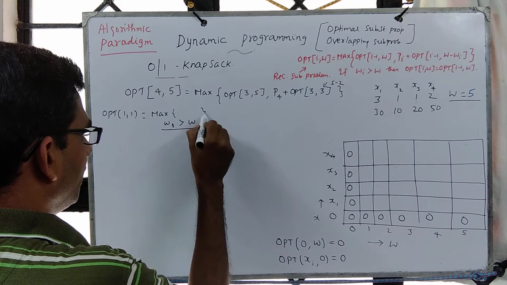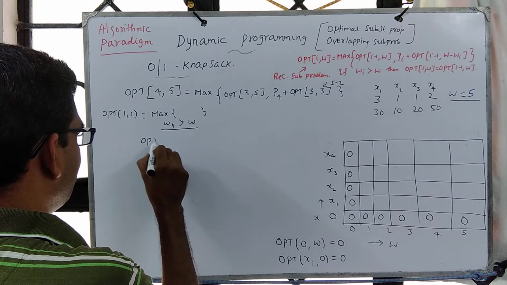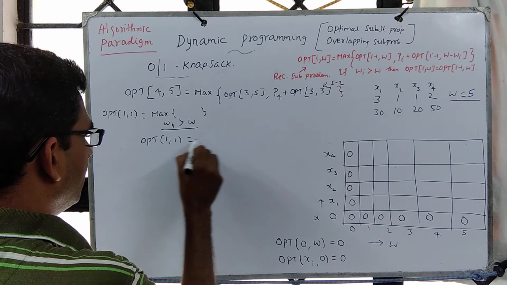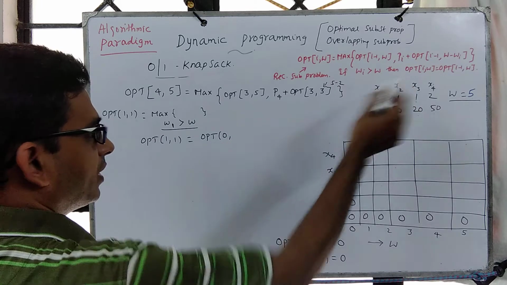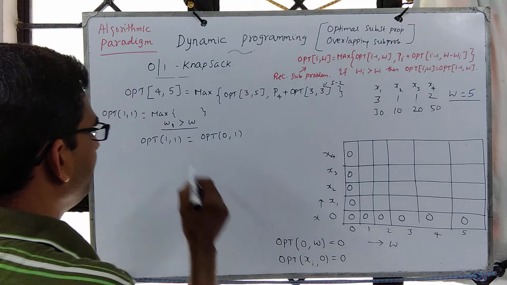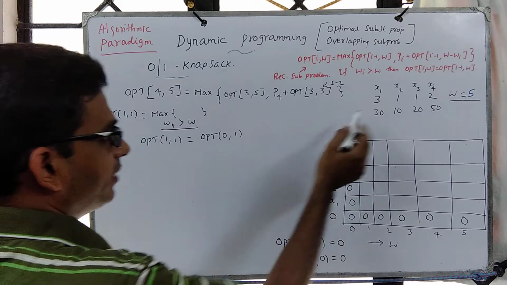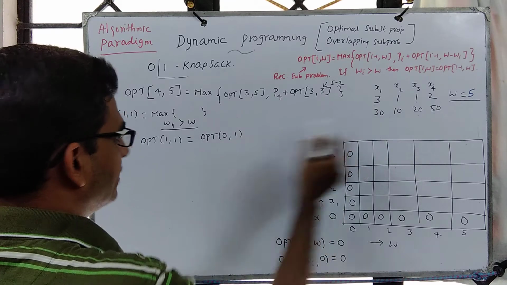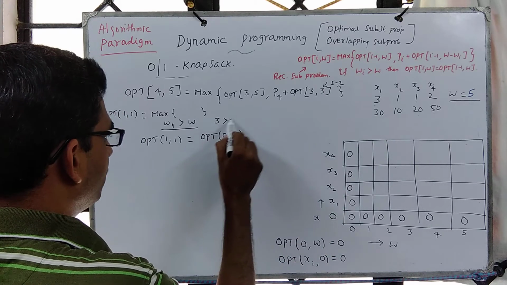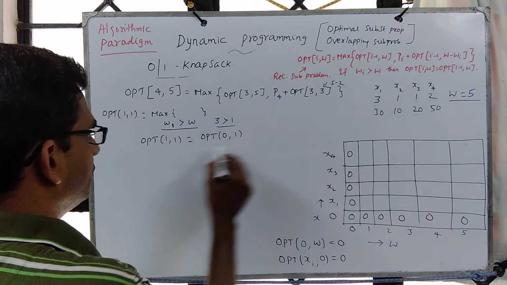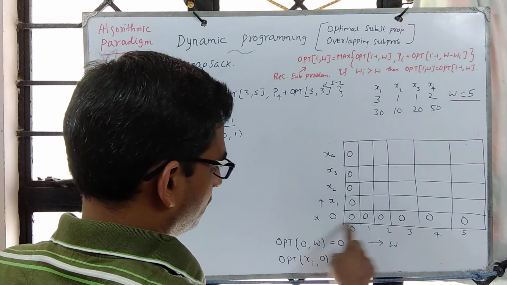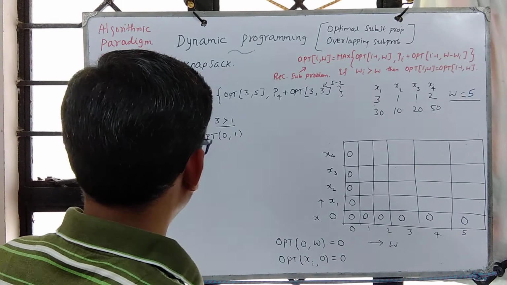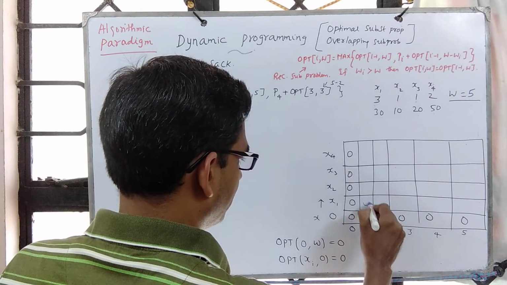Instead, we will say opt of 1, 1 is same as opt of i minus 1 comma w, which is 0 comma 1. And what is the weight of first object? It is 3, and which is more than local weight. So this is what we have. What is opt of 0 comma 1? So 0 comma 1 is 0. So this one is 0.